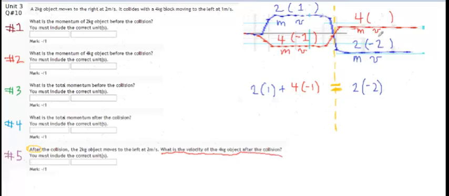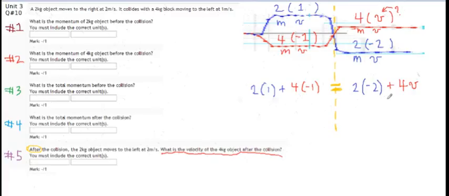So that's actually our question. This is the V, which is our question right there. What is that velocity? So we have plus 4V. So we're trying to figure out what that is in question number 5.